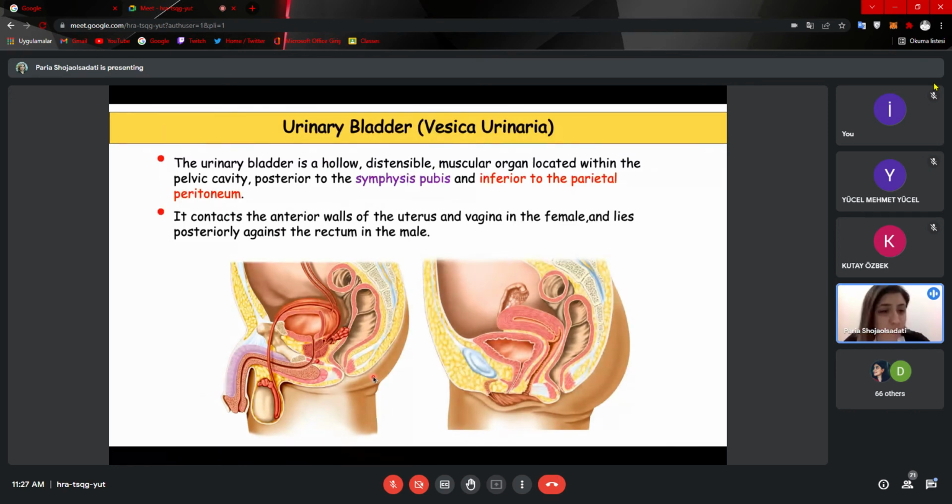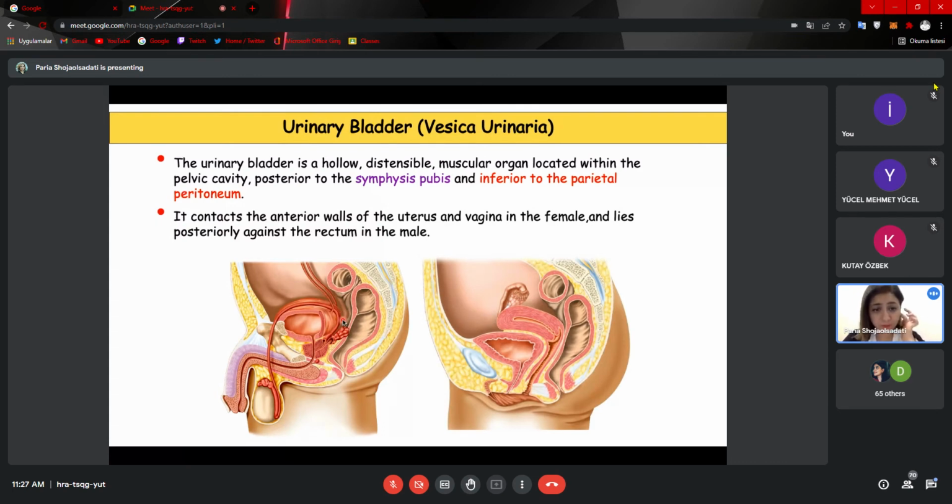It contacts the anterior wall of the uterus and vagina in the female, you can see it in here, and the rectum in the male, and makes a different pouch in females and males. This pouch of the peritoneum is named the vesicorectal pouch.